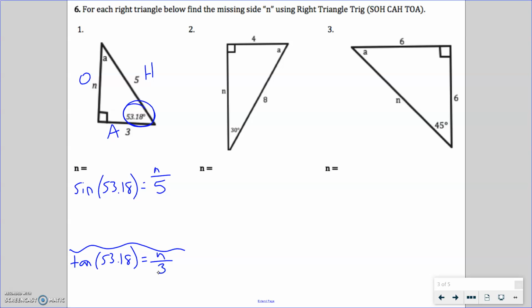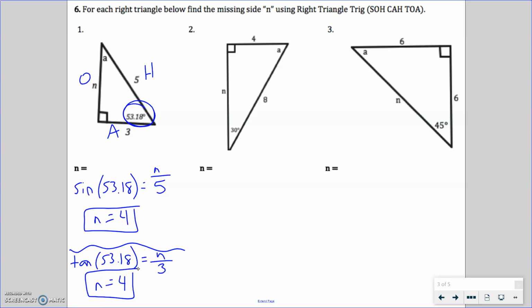And if you don't believe me, we're going to solve both of them, and I'm going to show you that they both work. So sine of 53.18 degrees, I get this decimal, 0.8005, multiply by 5, and I get that n is 4 when I round. And do the same thing with tangent. So tangent of 53.18, I get a decimal, it's 1.3357, so on and so forth. Multiply by 3, and I also get n is equal to 4.